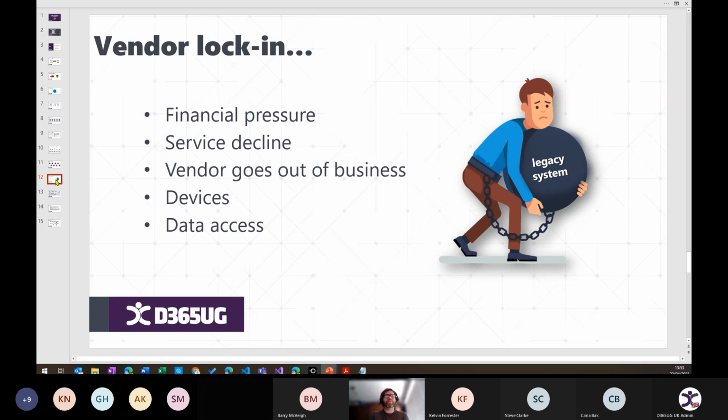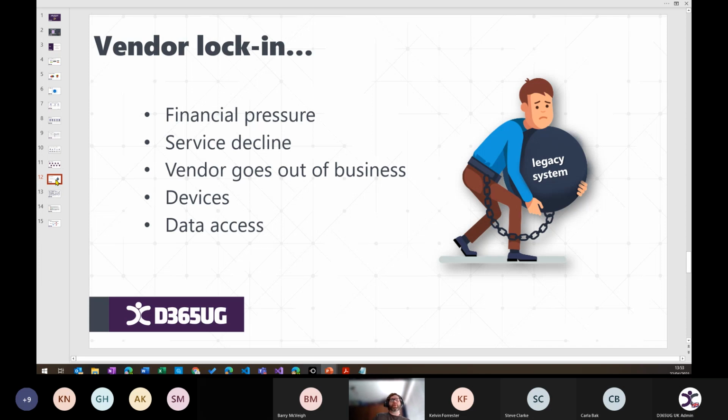They might have invested quite a bit of money in something, and as a non-profit, they don't particularly want to move away from it, or it's hard for them to move away from it. The reasons could be, number one, maybe they've got financial pressures. Maybe this piece of software is quite expensive. But obviously, if they're running their business day to day on it, that makes it more difficult to move away.